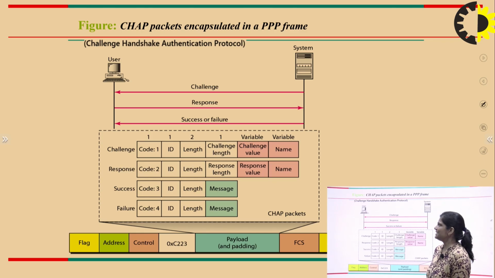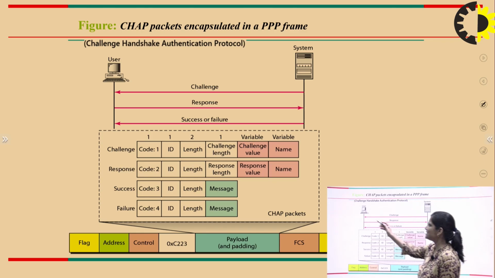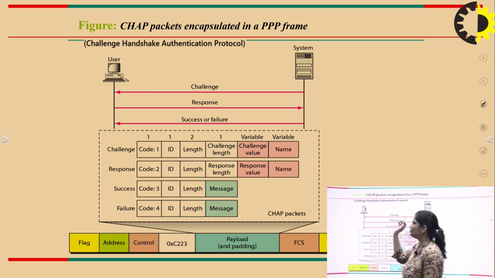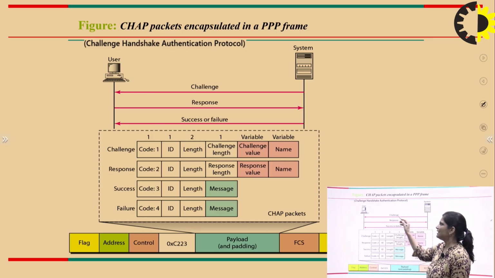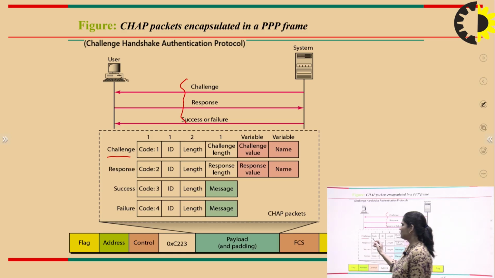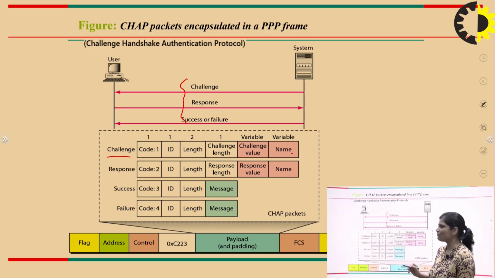Now this is CHAP, which stands for Challenge Handshake Authentication Protocol. When we are sending data from user to receiver, you should know there are three processes: challenge, response, and success or failure. For the challenge, the format is code 1, ID, length, challenge length, challenge value, which is variable, and then name.